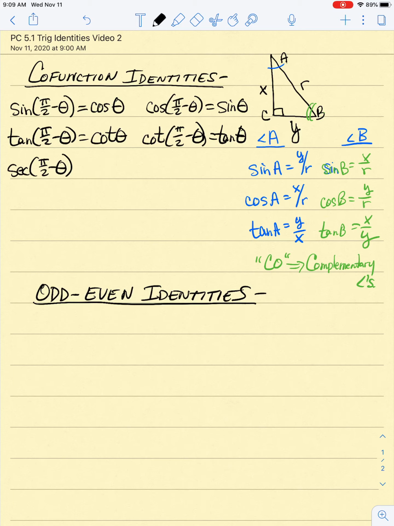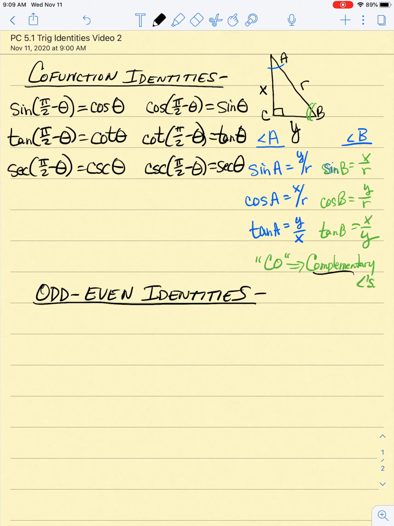I bet you're going to guess this one. Or are you? Then cosecant of pi over 2 minus theta comes out to be the secant function. So with cofunctions, we're just flipping around with the idea of complementary.